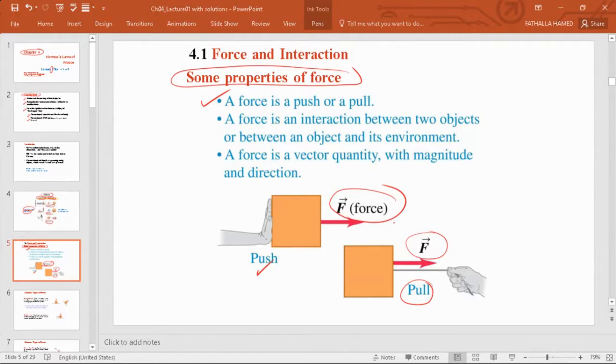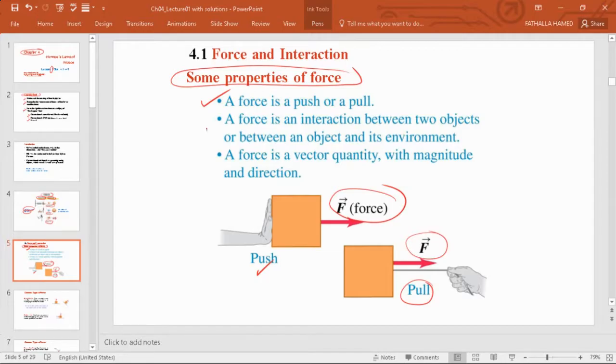In the case of field forces, the Earth is pulling, but it's pulling through a gravitational field on the object. And in the case of electrical force, you may actually push or pull, but that is done by an electric field. And in the case of magnetic fields, the same thing. You can either push or pull, and that is mediated by a magnetic field.